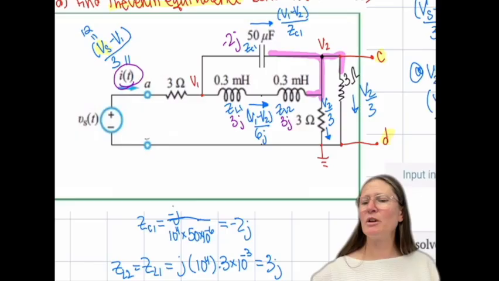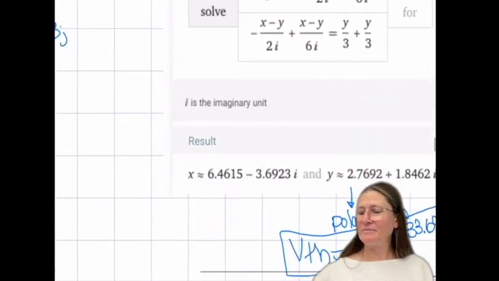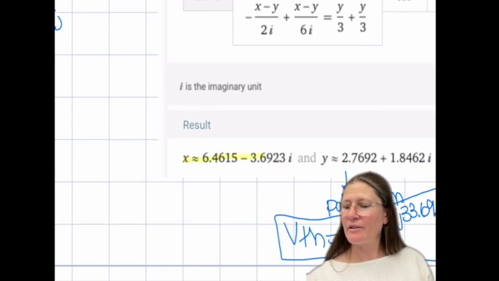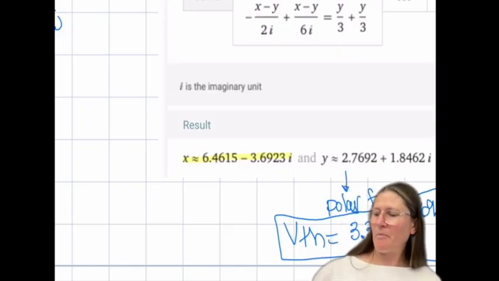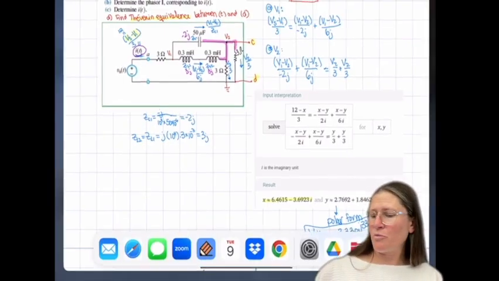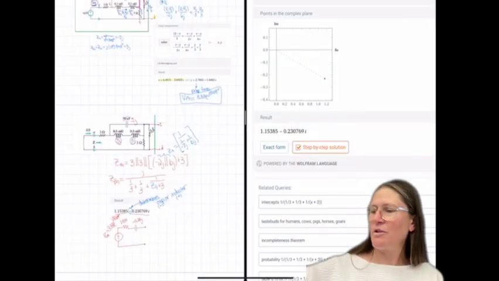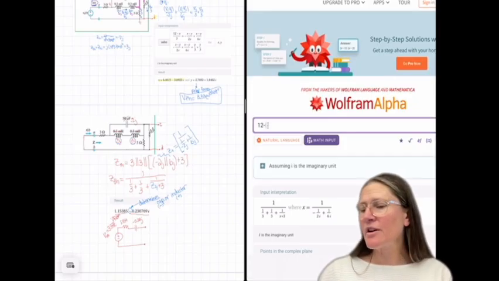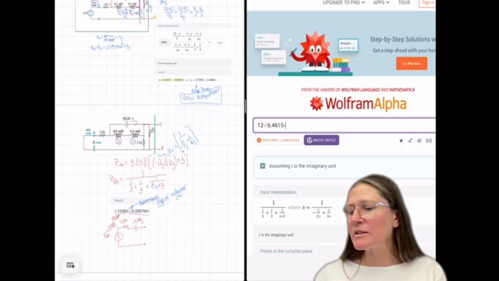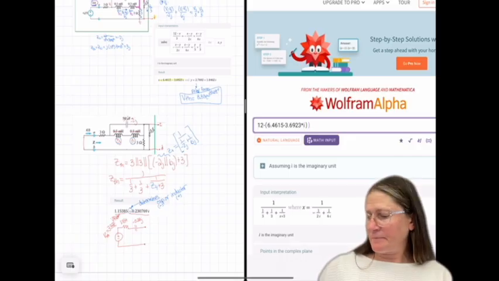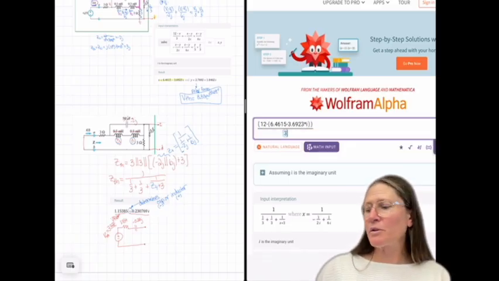Do we know V1? We do. V1 is this. So I can use those values. So we have 12 minus 6.4615 minus 3.6923, and that's all divided by 3.